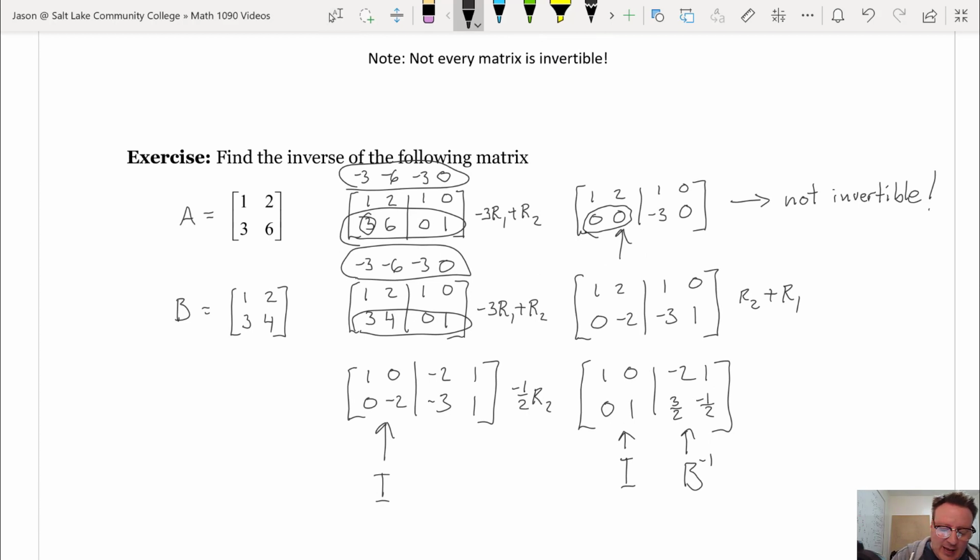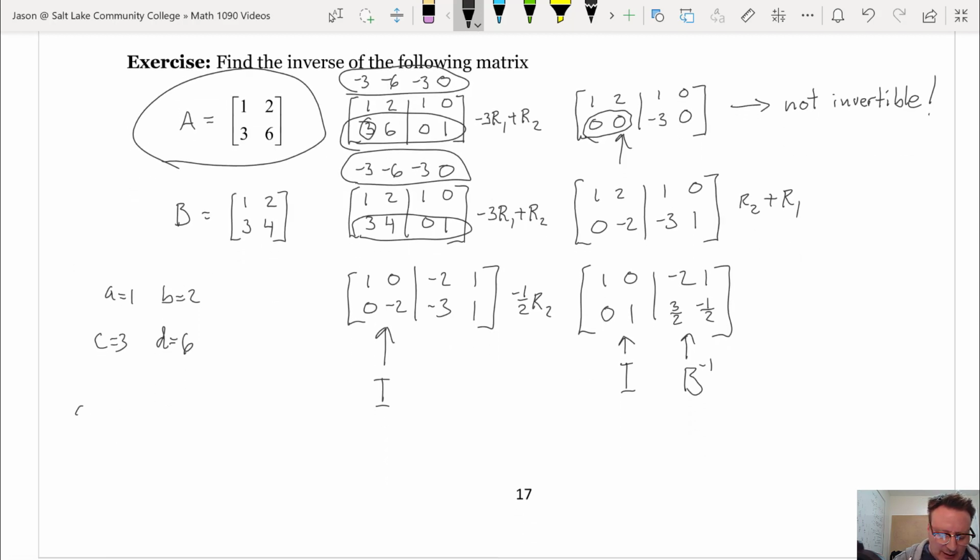So notice that's exactly what happened with the previous matrix here. This matrix A. Its A was equal to 1, its D was equal to 6, its B was equal to 2, and its C was equal to 3. So AD minus BC is equal to 1 times 6, or 6, minus 2 times 3. 6 minus 6 equals 0.